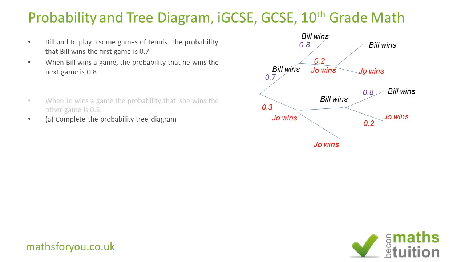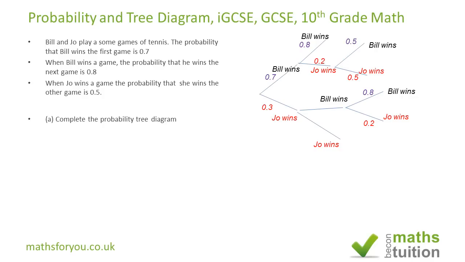Right, let's have a look for Joe. Right, when Joe wins a game, the probability that she wins the other game is 0.5. Okay, let's have a look. So she wins there, and then she wins there with a probability of 0.5, and that's what we got there, which means that Bill has the chance of winning with a probability of 0.5 there.